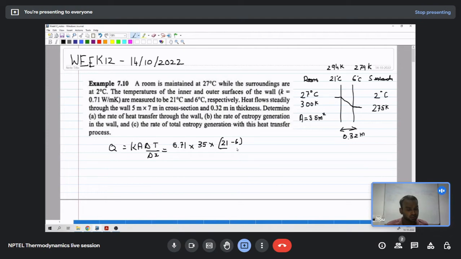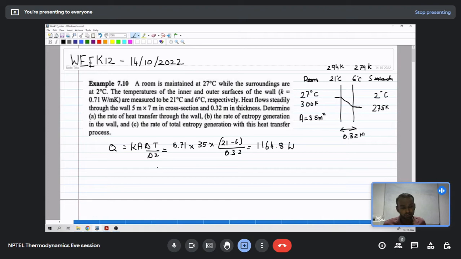I am writing delta T in degrees Celsius because it will be the same even if I write it in Kelvin, and then divided by delta X, which is the thickness of the wall, 0.32. So this is 1164.8 watts. So we have found the heat transfer.